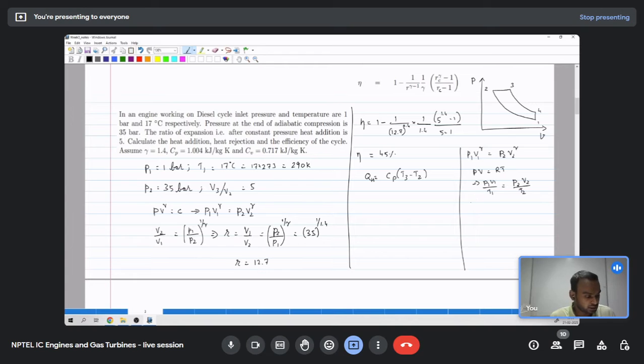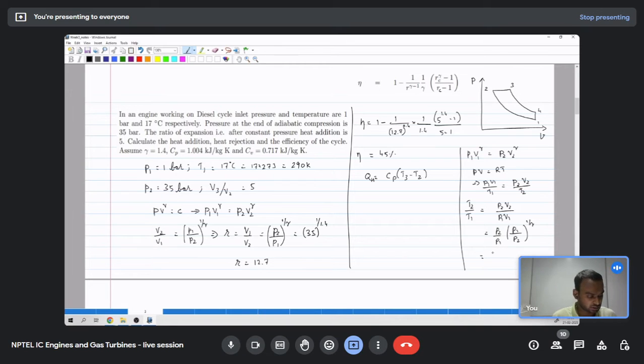So now to calculate T2 by T1, we have P2 V2 by P1 V1. We know the relationship between the pressure ratio and the volume ratio, V2 by V1, as we have found here earlier. P2 by P1, and then V2 by V1 is P1 by P2 power 1 by gamma.